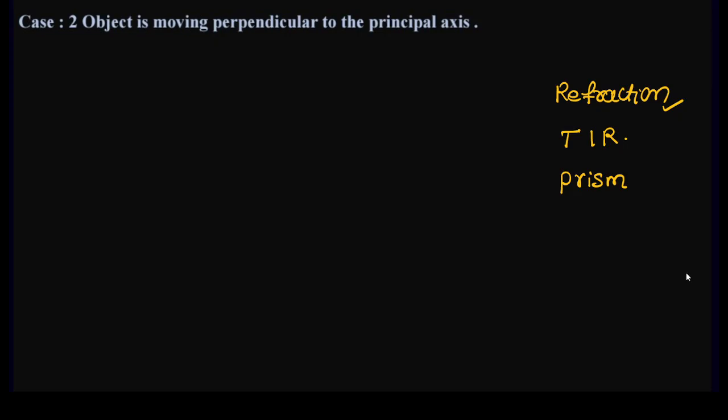After refraction we had lenses, and after lenses the new chapter is human eye. Fine. So then this order will come as prism, and thereafter we'll see the lenses. These are the topics, and thereafter last we have human eye.